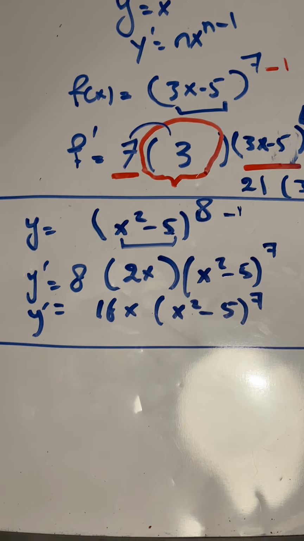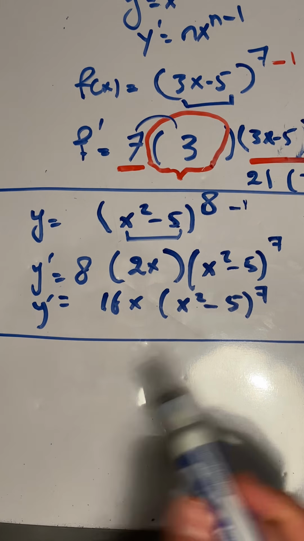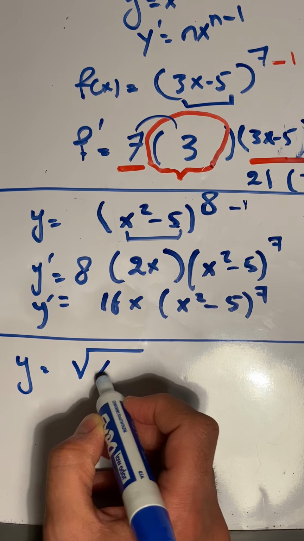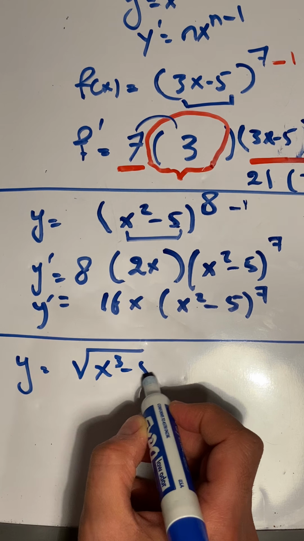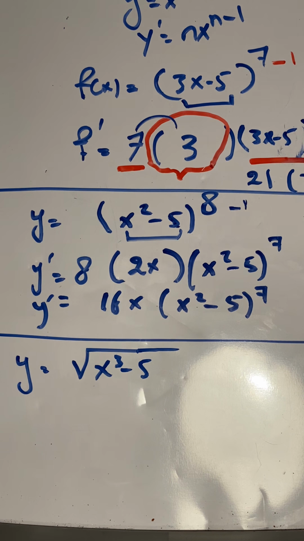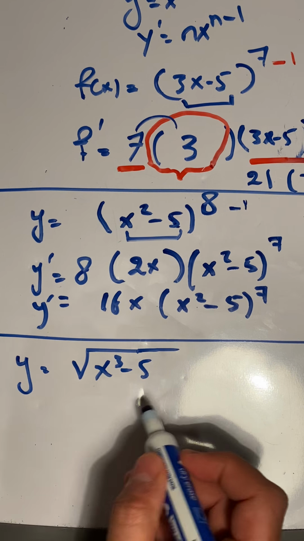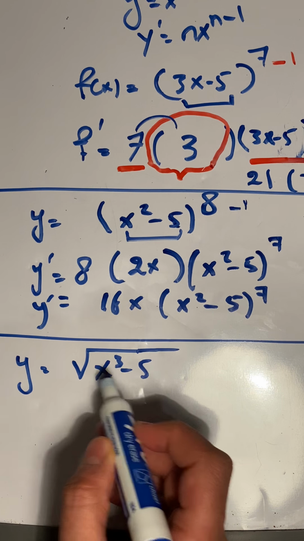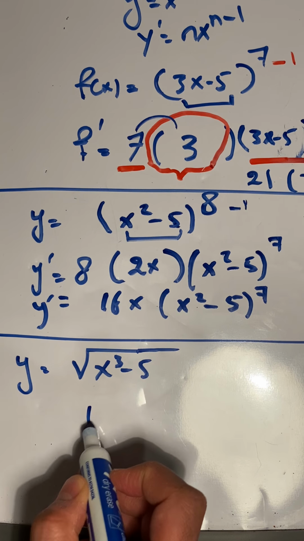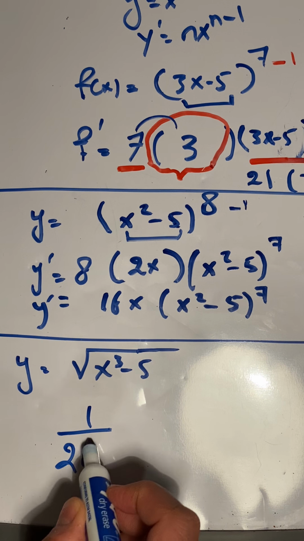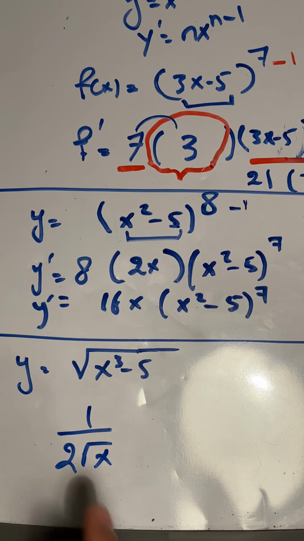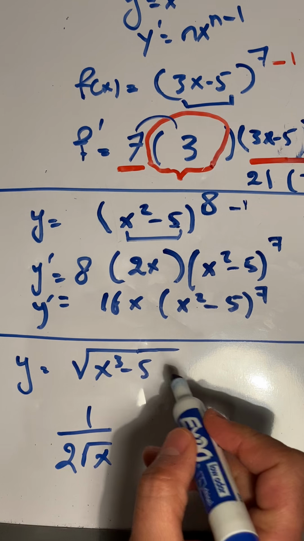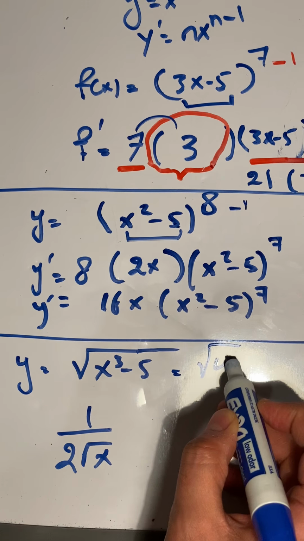Another question, just to do it quickly: y equals radical of x cubed minus 5. I know the derivative of the square root is 1 over 2 radical x, right? So I'm going to apply this again. However, this would be radical u.